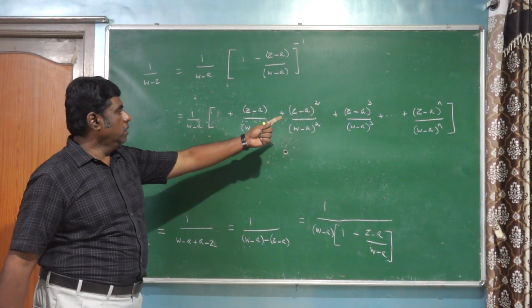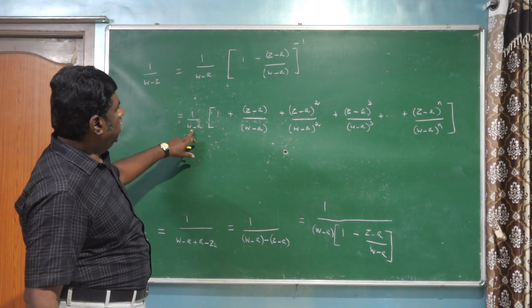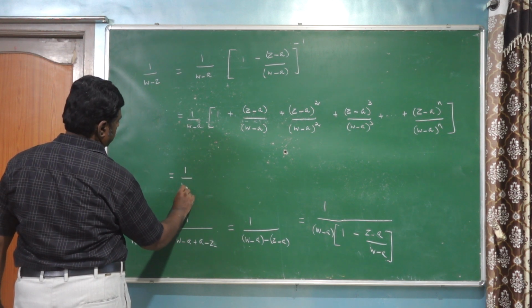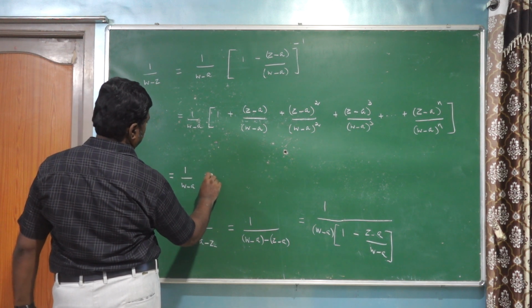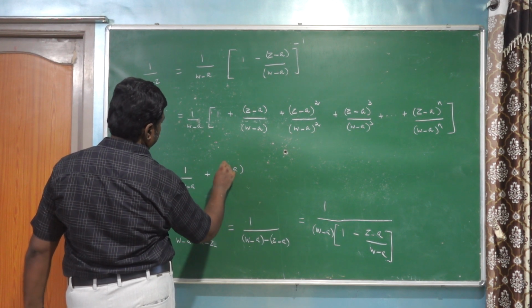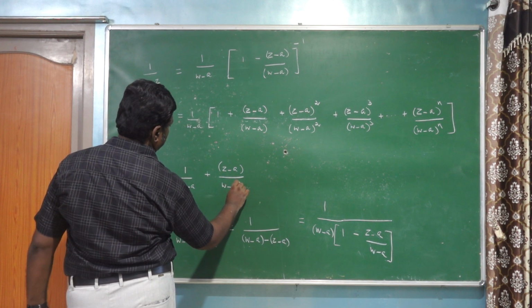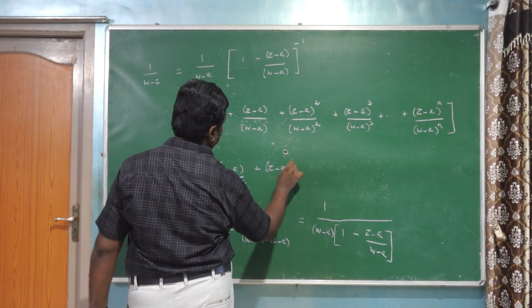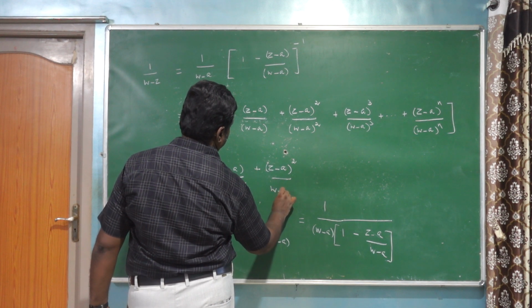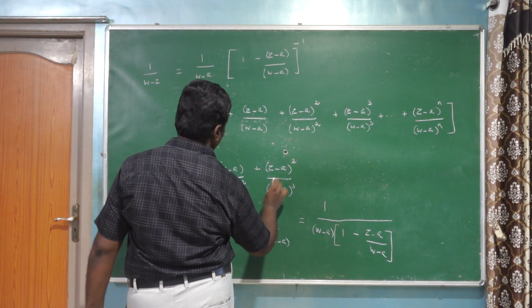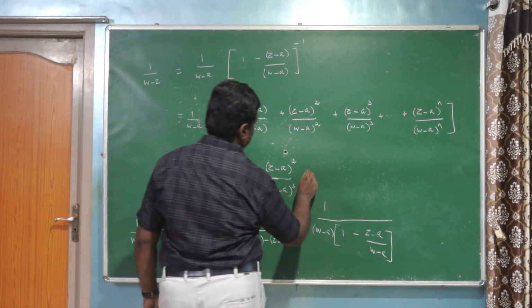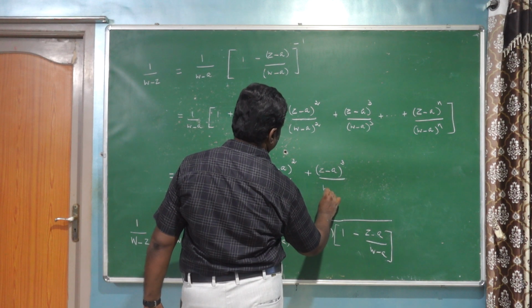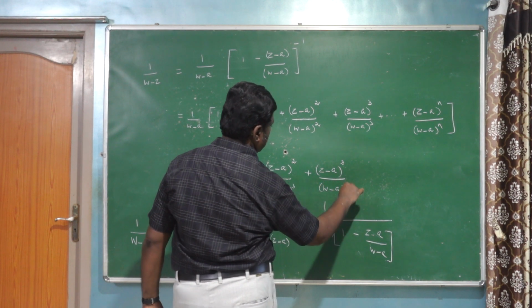Now multiply all the terms with the help of this 1 divided by W minus A. This is modified as 1 divided by W minus A plus Z minus A divided by W minus A whole square plus Z minus A whole square divided by W minus A whole cube plus Z minus A whole cube divided by W minus A power 4.